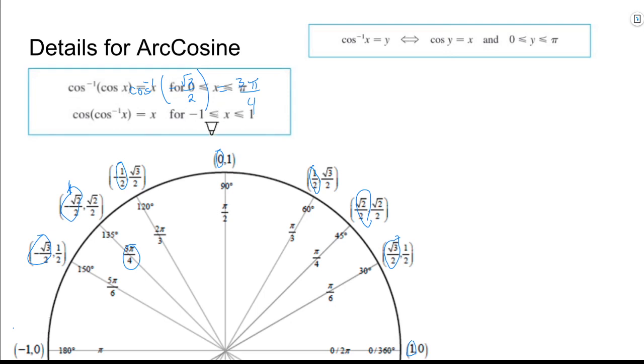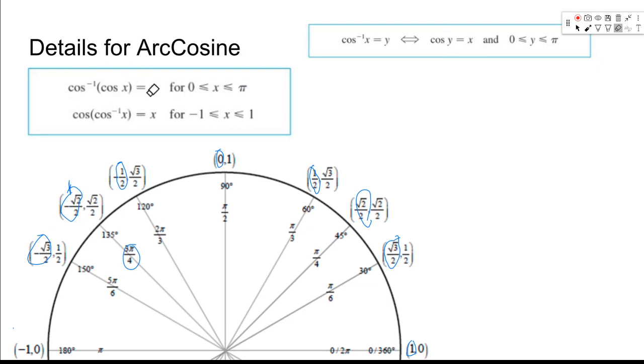Okay. Let's see what else is on here. Oh, great! I wrote on the top of what I need. So let's go ahead and erase it. Okay, so you can kind of see that. If I take the inverse cosine of the cosine, I get back to x.